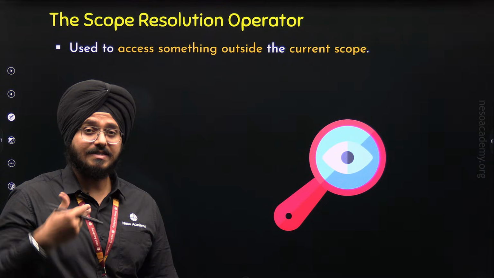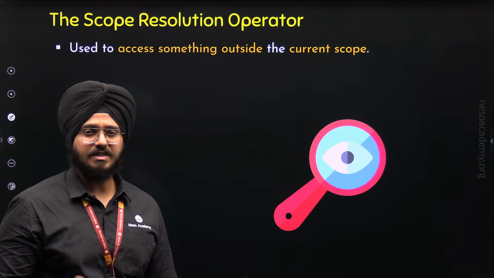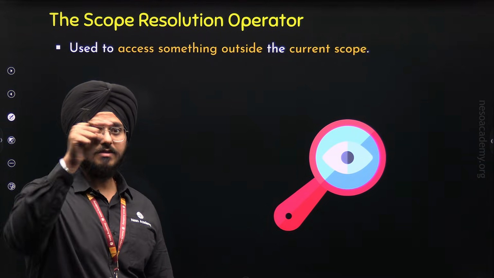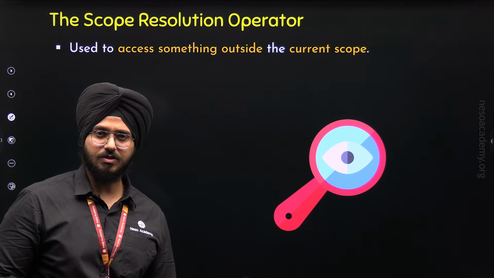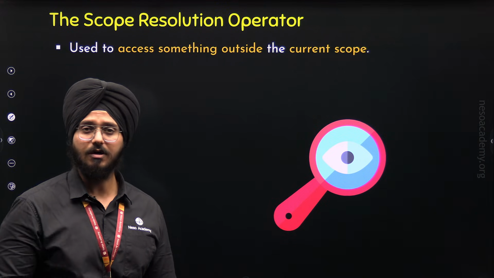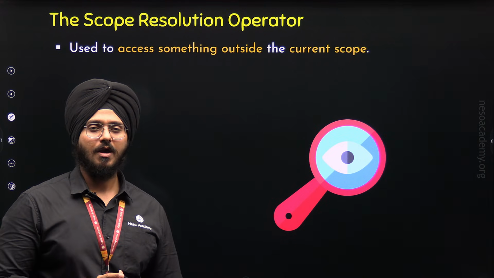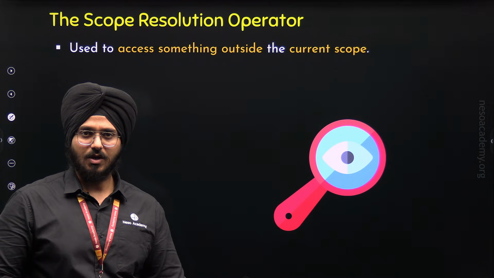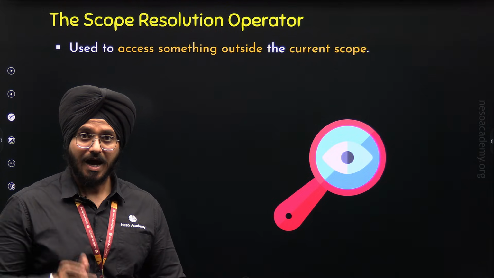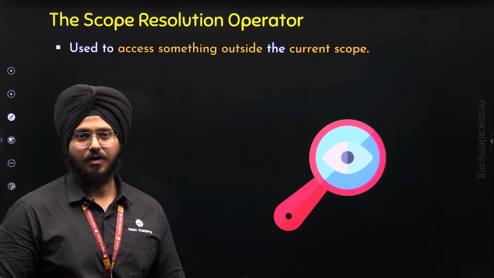Now, let's say we want to access that specific entity outside the scope where it is defined, then we can use the scope resolution operator for this purpose. Normally, we cannot access a specific entity which is defined in a scope outside that scope.